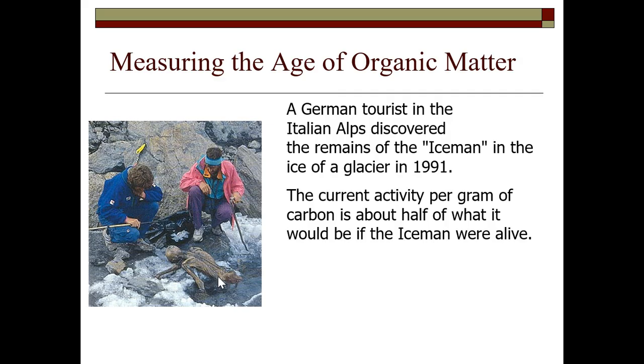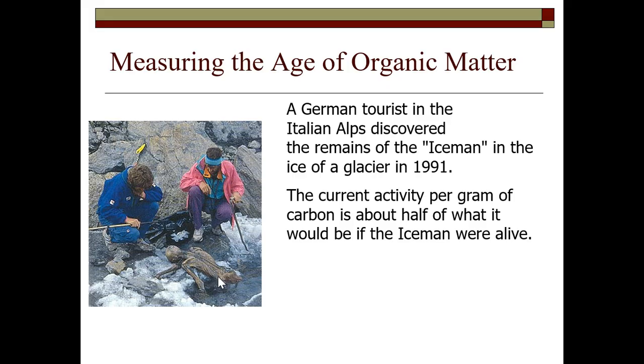And in that process of going from carbon-14 to nitrogen-14, he was decaying. But since the Iceman was no longer eating carbon-14 from the surroundings, all the carbon-14 got broken down. Well, what does that mean?